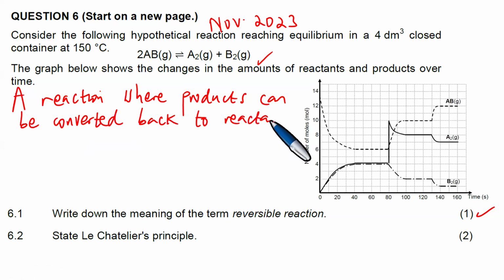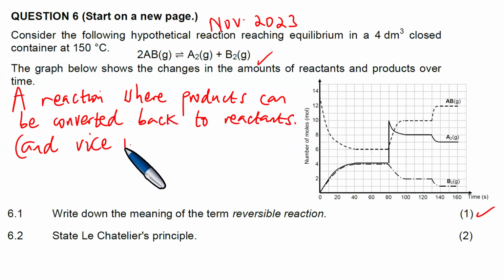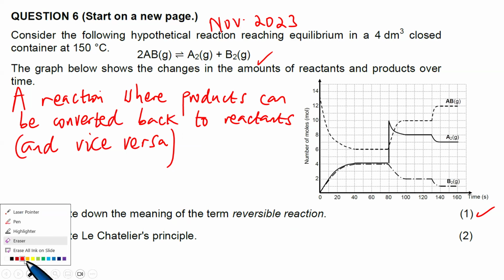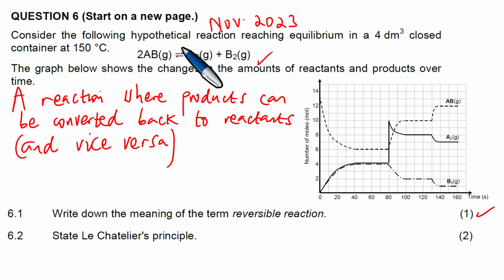Analyze this with me. Consider the following hypothetical reaction reaching equilibrium in a 4 cubic decimeter closed container at 150 degrees Celsius.